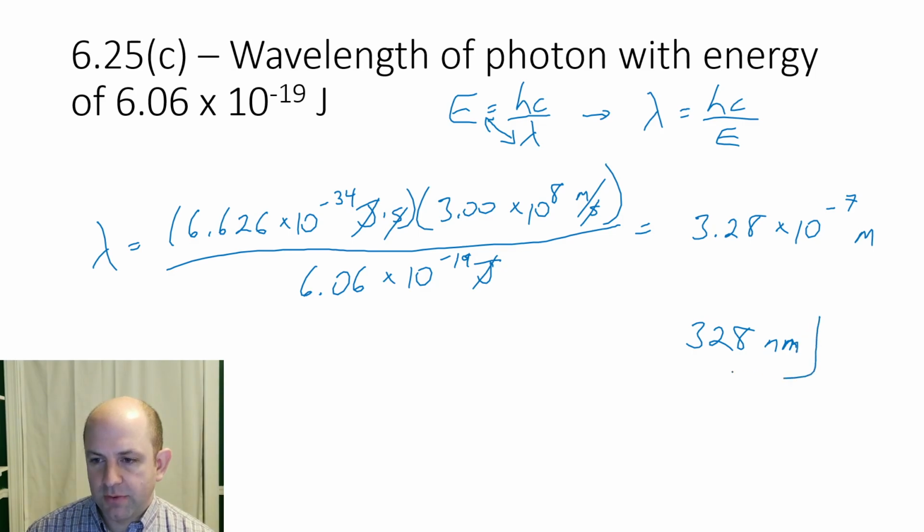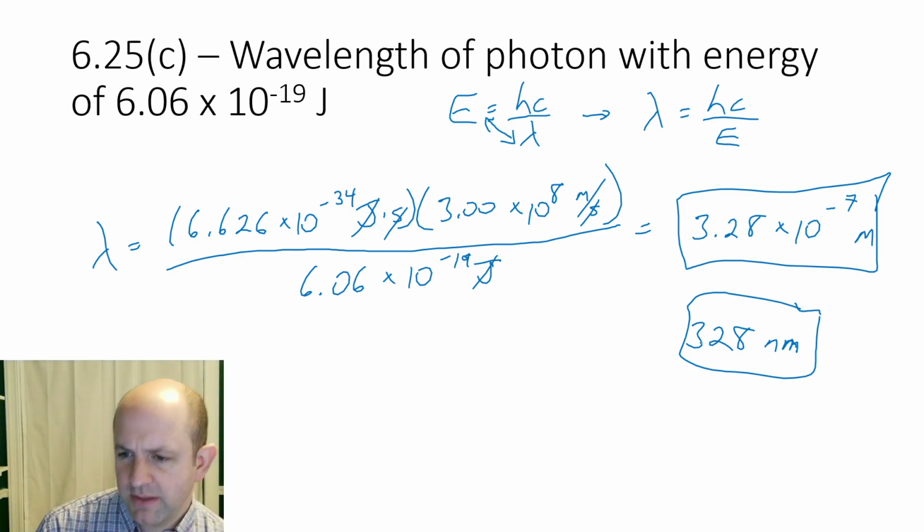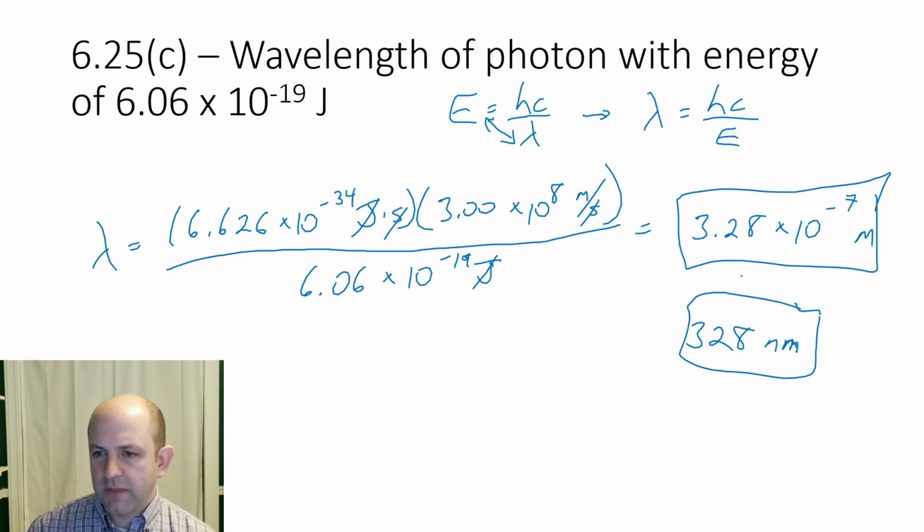Sorry, bad penmanship again. Either answer would be appropriate, depending on what the book wants you to type in. But again, this is in the ultraviolet, so 10 to the negative 19th into the ultraviolet. Okay, makes sense to me. But yeah, that checks out.